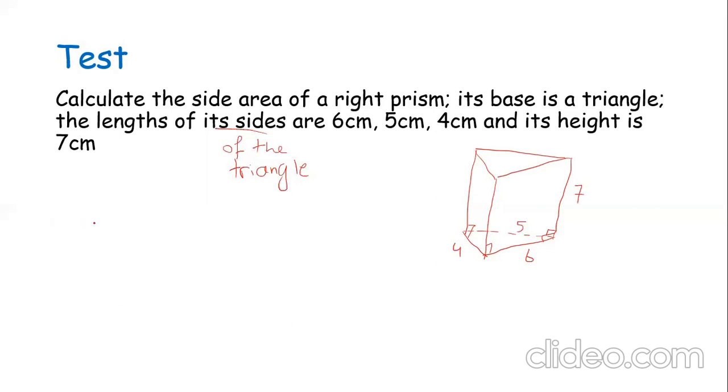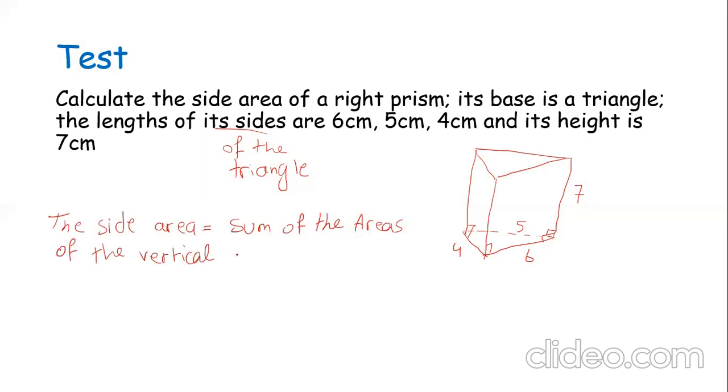So the side area, as we have seen before, equals the sum of the areas of the vertical sides. And we know that each vertical side is a rectangle. So in this case, here we have the first vertical side. So we have 4 multiplied by 7, its area. Now we move to the other one.